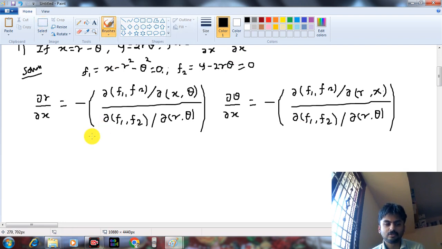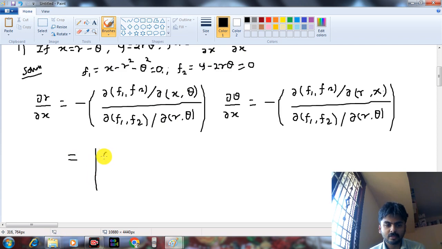So the values of these things are equal to, okay, here we are having a determinant. So what determinant are we having?